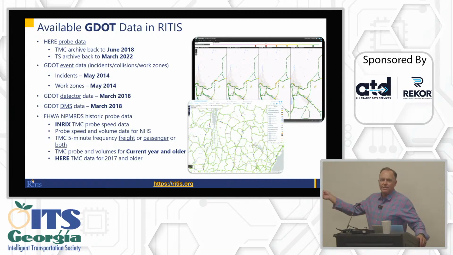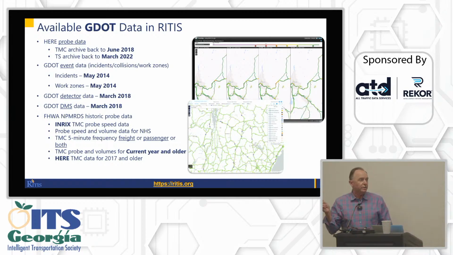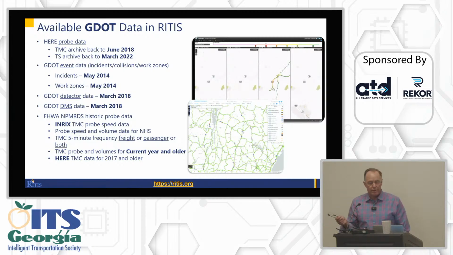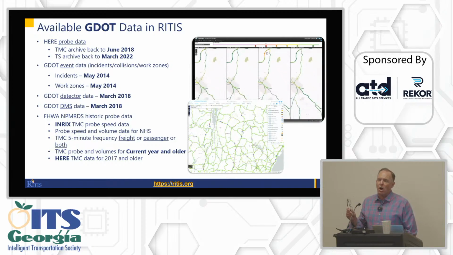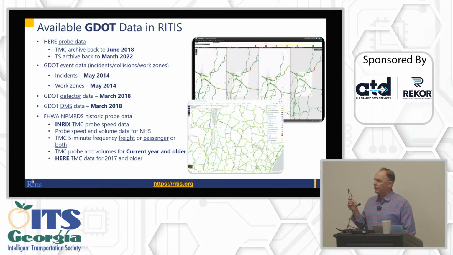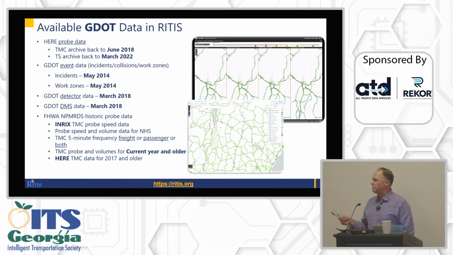And then the last data set I want to bring to your attention that you also have available for congestion and speed related performance measure analysis is the NPMRDS data set. National Performance Management Research Data Set. It's a research data set. This is a program sponsored by the Federal Highway Administration.